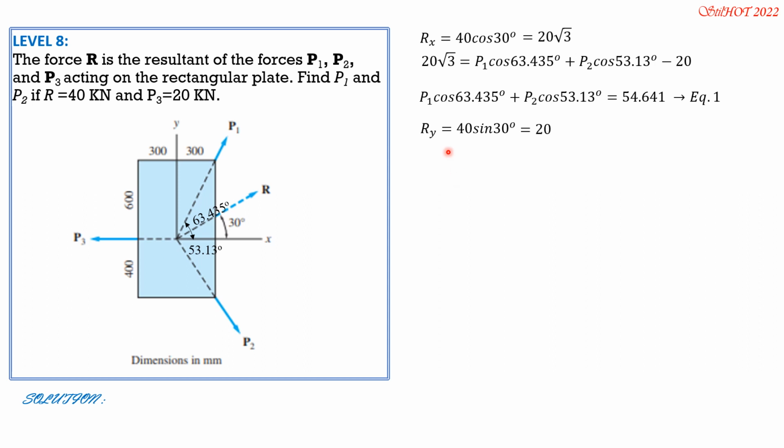So equate 20 to the y component of P1, which is positive P1 sine 63.45, then minus P2 sine 53.13 degrees because going down, then equals 20. P3 has no y component. Call that equation 2.